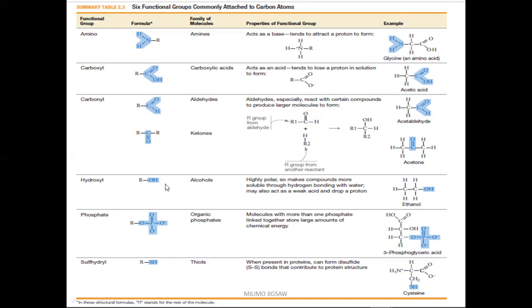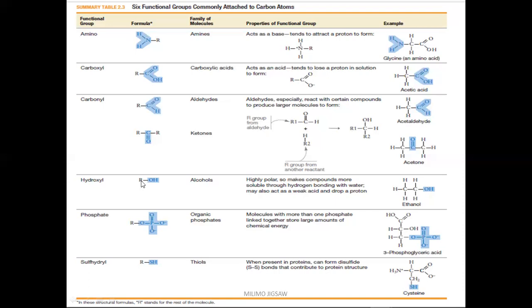The R simply represents the remainder of the molecule of which each functional group is a part. So this R simply represents the remainder of the molecule attached to the OH, or the hydroxyl group in this case.